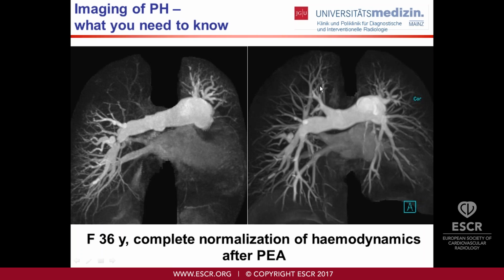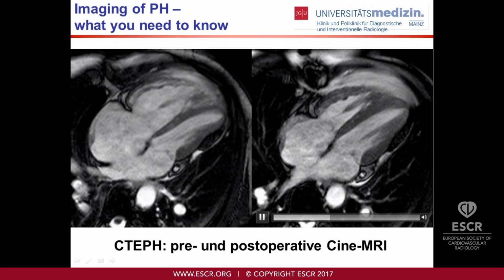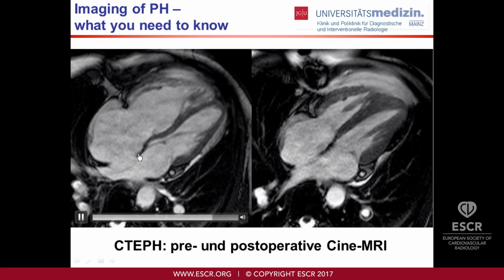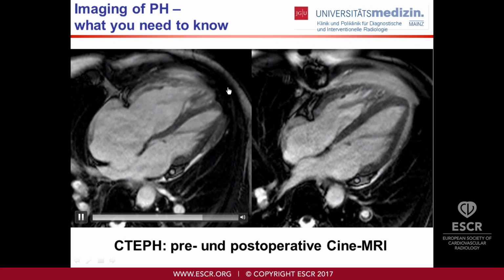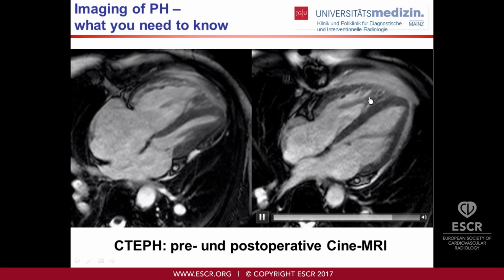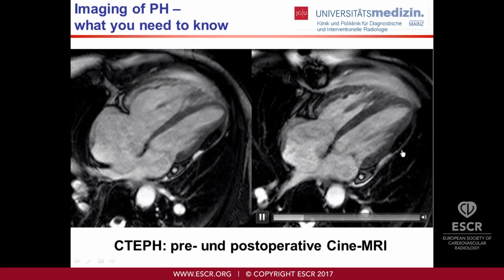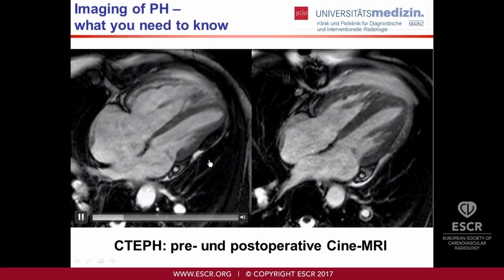So if we put all those things together, and if we want to weigh out the importance of CT and MR, I think both are equivalent in detecting the presence of pulmonary hypertension. I think CT is better than MR in the assessment of the lung parenchyma.